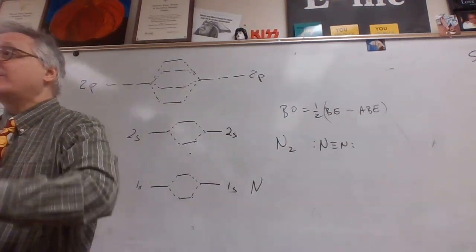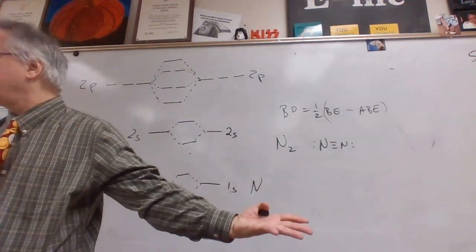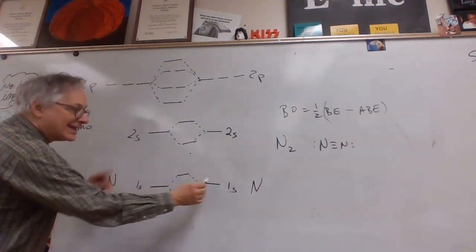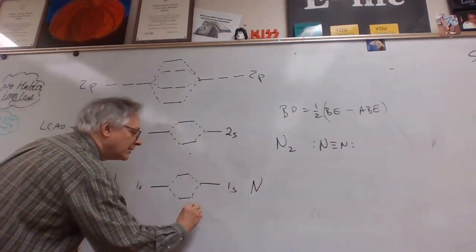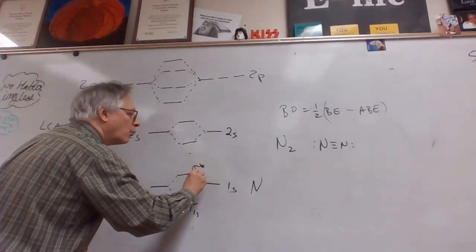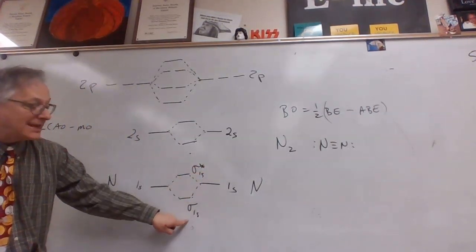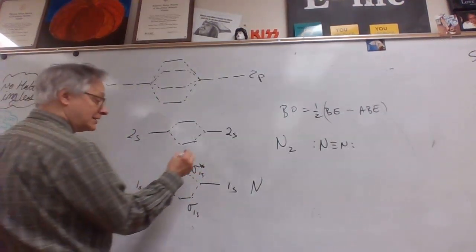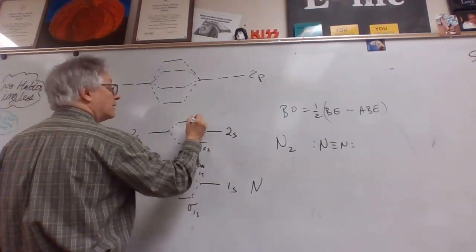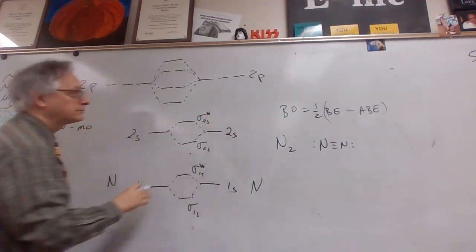Anti-bonding orbitals mean that the electrons occupying those orbitals are going to try to not bond. We gave these names. The s orbitals can come together to form the sigma 1s and the sigma star 1s. The sigma star was the anti-bonding, and the sigma was the bonding. Likewise, up here, we have the sigma 2s and the sigma star 2s.